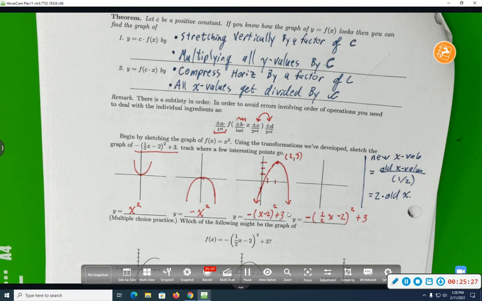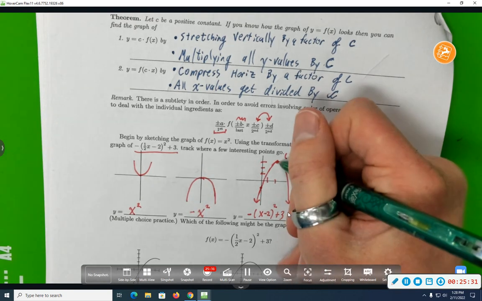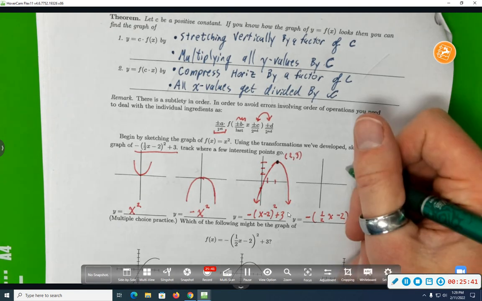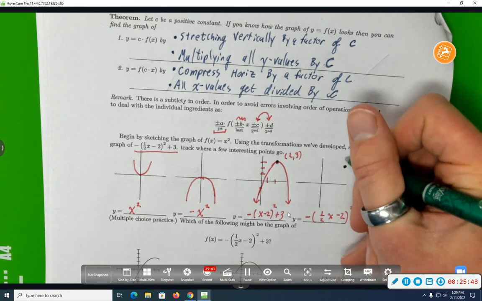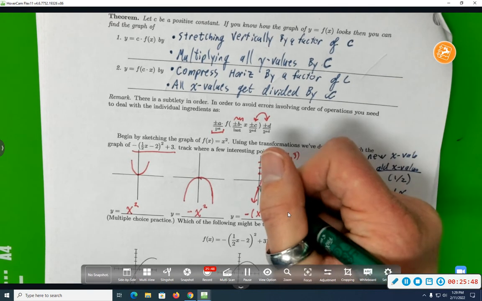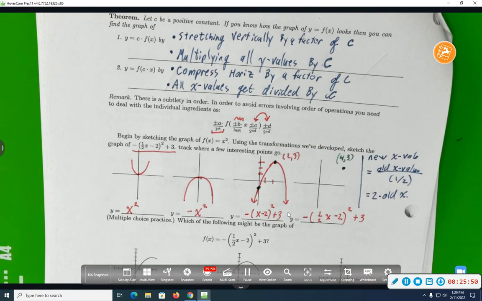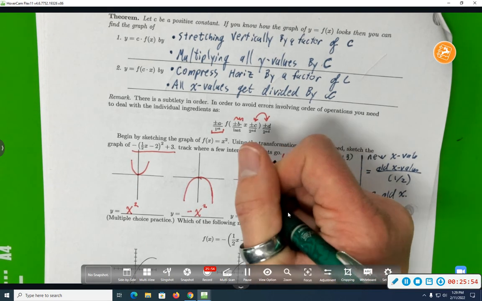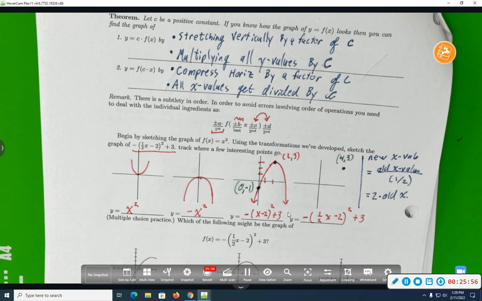So, let's do that. All of the x values are getting multiplied by 2. This point right now, which is at (2, 3), what point is that going to go to when we make this transformation? (4, 3). The x value gets doubled. And there's no real scale information, so I'm not worried about doing it wrong. The intercept there at (0, -1), where will that go?